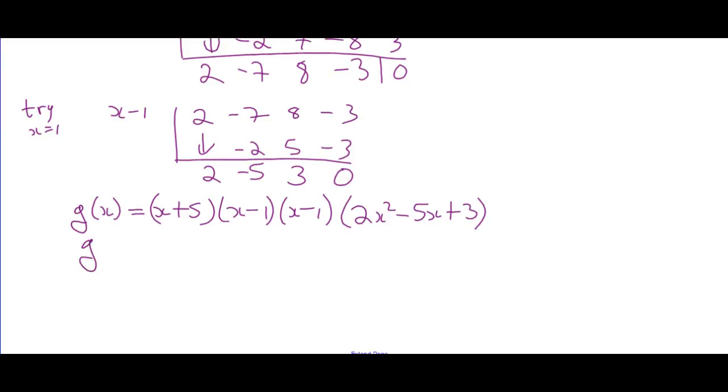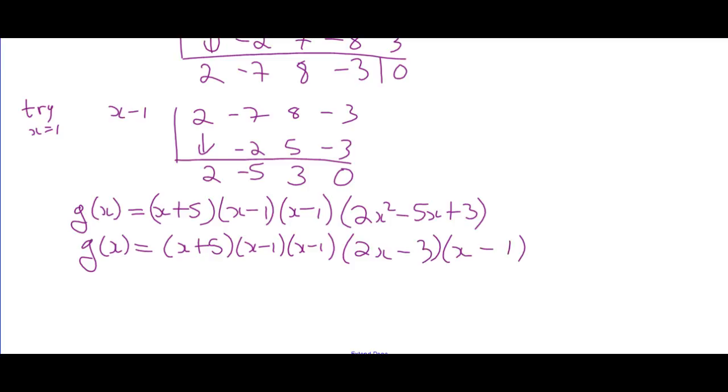So g of x equals x plus 5, x minus 1, x minus 1, 2x, and then x minus 1, so that's 2x squared minus 2 minus 3 is minus 5, plus 3. So there we go. I knew it was that, right? Because I knew the roots. Yeah, there was a root of 3/2. So 2x minus 3 is a factor.